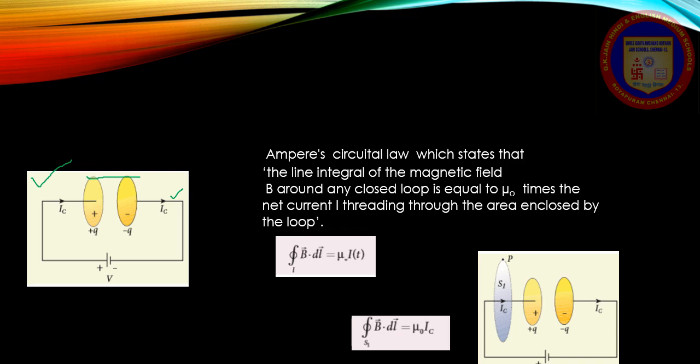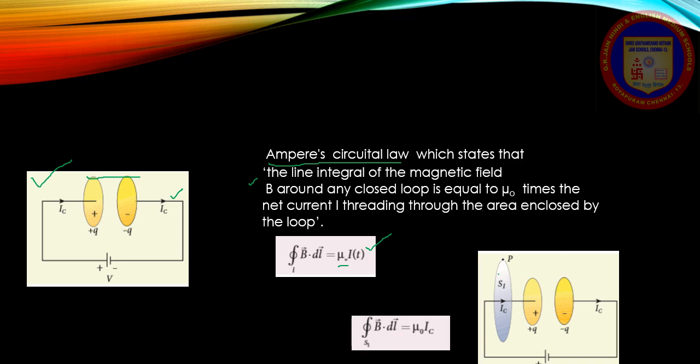In order to compute the strength of the magnetic field at a point, we use Ampere's circuital law, which states that the line integral of the magnetic field B around any closed loop is equal to mu naught times the net current I threading through the area enclosed by the loop. The equation is given as the closed integral over L of B dot dl is equal to mu naught into I of t, where mu naught is the permeability of free space.